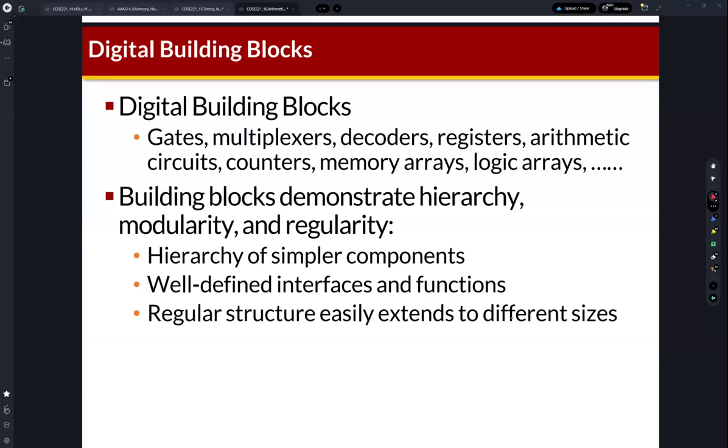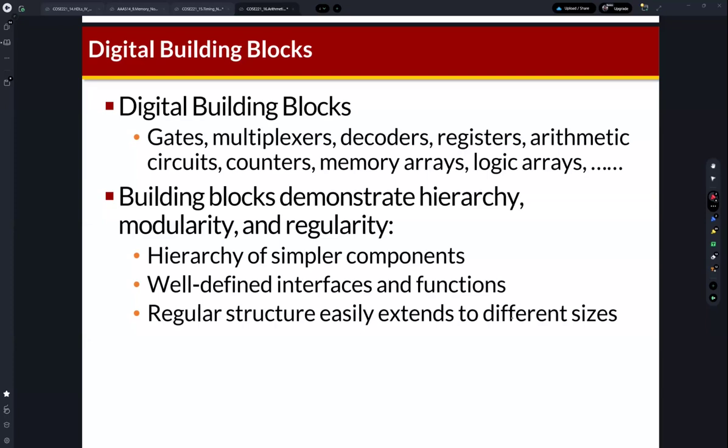For example, let's think about the calculator. Which functions are required? In order to build a calculator, we require add, subtract, multiply, and divide functions. So we may need to build circuits that can perform these arithmetic operations.